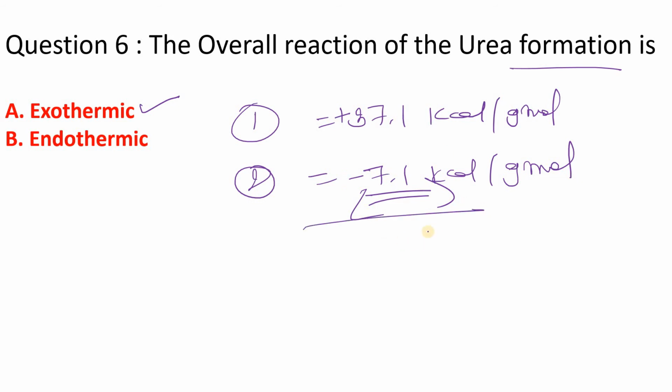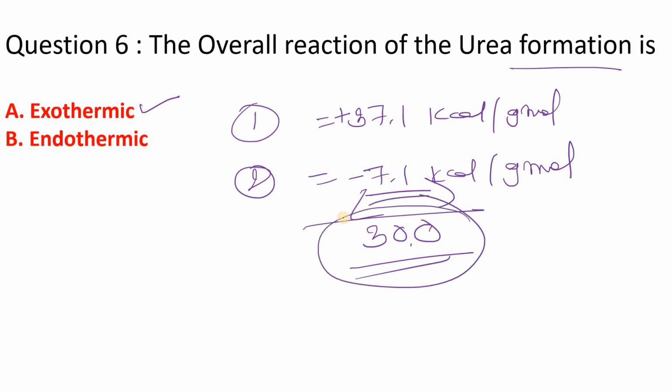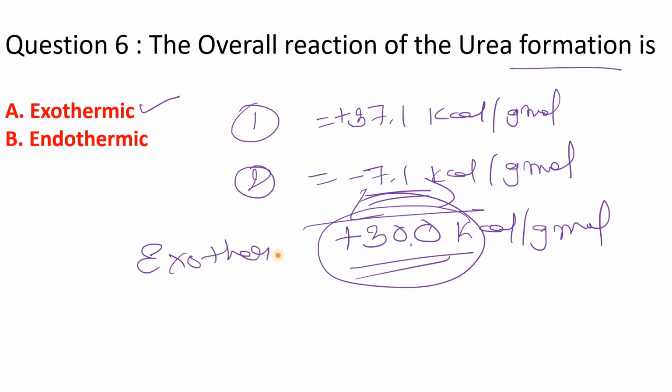Ultimately, you will see here that 30.0 kilocalorie per gram mole of exothermic energy is released from the overall reaction between the reactants. So the overall reaction will be exothermic. You can just see the reaction. I hope you got the point.